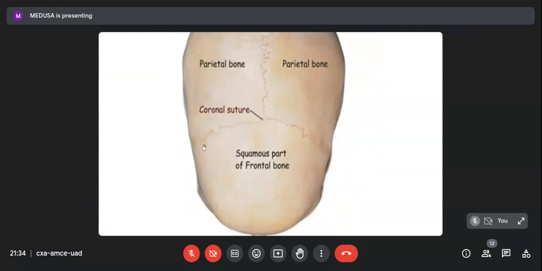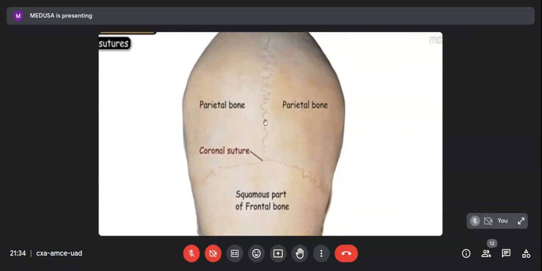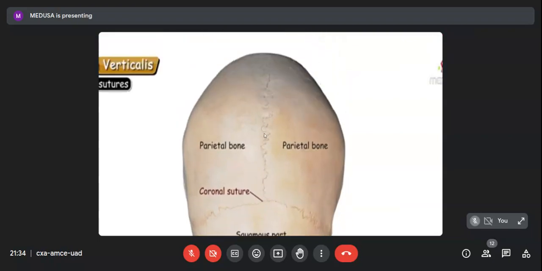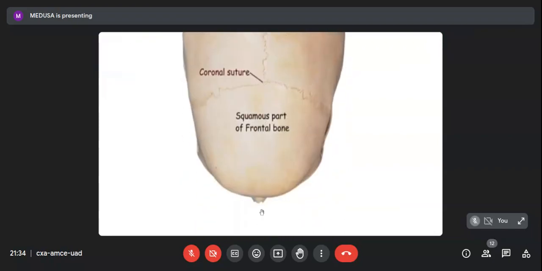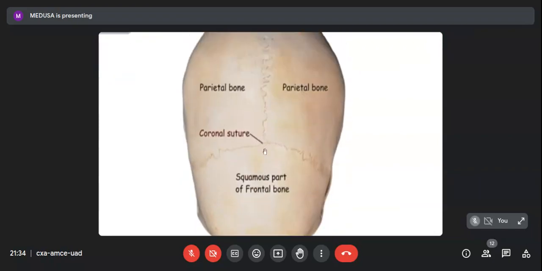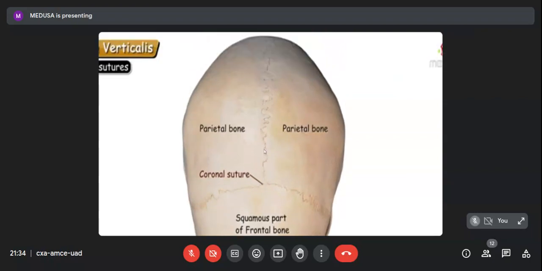Okay, we have this suture that goes around, from right to left or left to right, which we call the coronal suture. We're just reminding each other here. And then we have another suture that goes from front to posterior, and it passes through the middle of your skull.